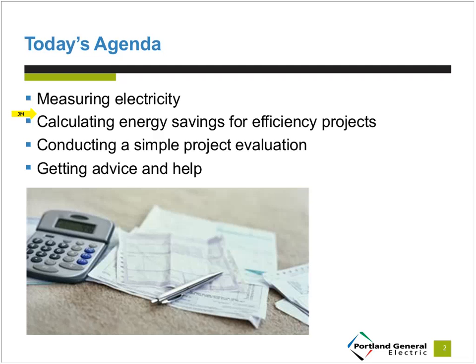With these basic formulas, we can perform a project evaluation for improvement projects that can save energy and money for your organization. Lastly, we'll provide contacts for getting advice and help with projects to make sure you are getting all the incentives and support to get your projects approved and completed.